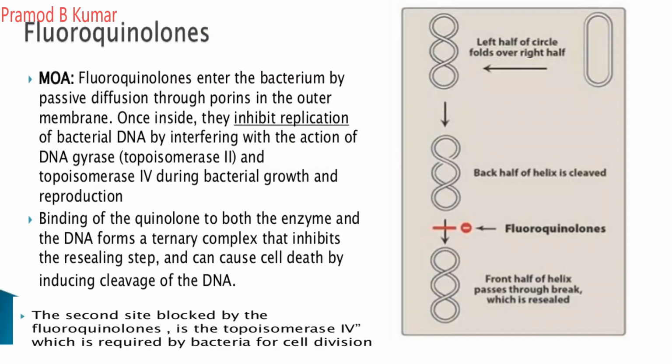Now let's come to the mechanism of action. How do fluoroquinolones act? The fluoroquinolones enter the bacterium by passive diffusion through pores or porins present in the cell membrane. Once they enter, they inhibit the replication of bacterial DNA by interfering with the action of the DNA gyrase enzyme, that is topoisomerase 2, and topoisomerase 4, during bacterial growth and cell division.